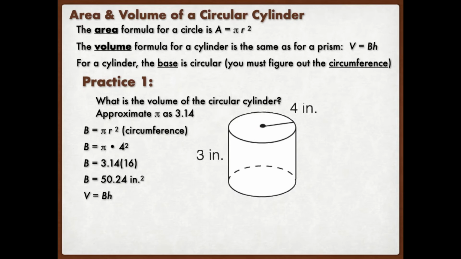We're going to figure out the area of your circle, then multiply that by the height. So we have 50.24. We're going to multiply that by 3 to get our volume. And that's 150.72 inches cubed, because I'm multiplying inches squared by inches.